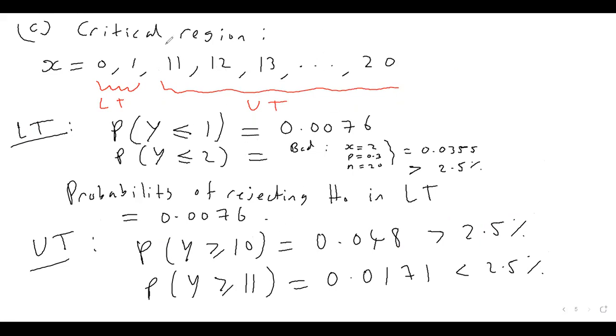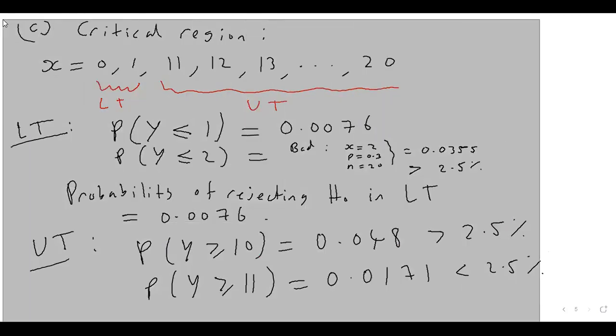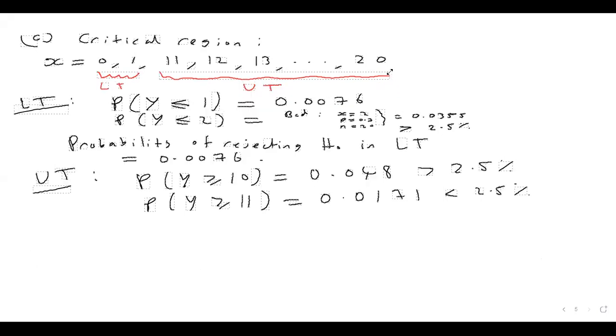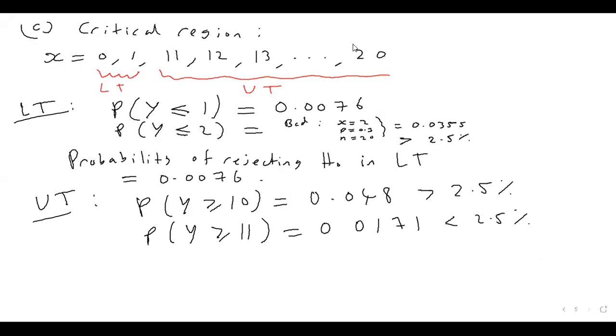So what is the real significance level in the upper side of the distribution? Again, what is the probability that we reject H0 in the upper side of the distribution? It's this number there, isn't it? The probability we reject H0 on the lower side was actually this number, and the probability we reject H0 in the upper tail is actually this number here, 0.0171.